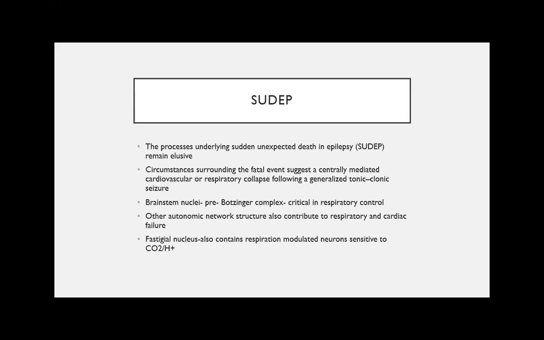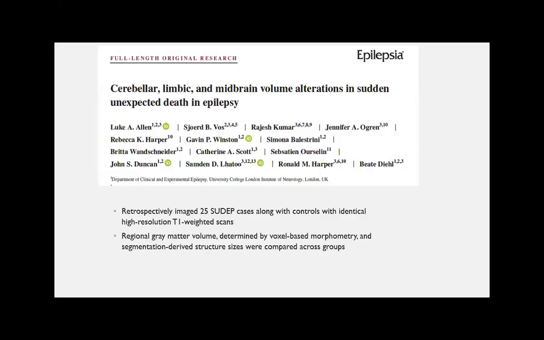Brainstem nuclei like the pre-Botzinger complex are found to be critical in respiratory control. Also, there are other autonomic network structures that contribute to respiratory and cardiac failure in SUDEP. The fastigial nucleus in the cerebellum also contains respiration modulated neurons sensitive to carbon dioxide and H plus ions.